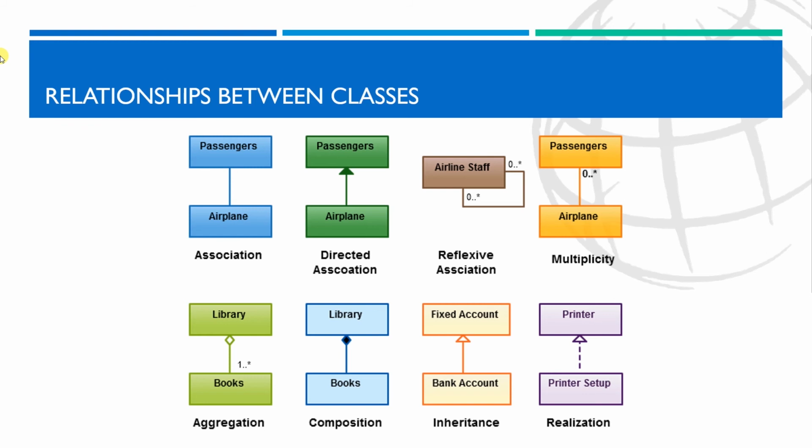In the reflexive association, these occur when a class may have multiple functions or responsibilities. For example, a staff member working in an airport may be a pilot, an aviation engineer, a ticket dispatcher, a guard, or any other member of the crew.